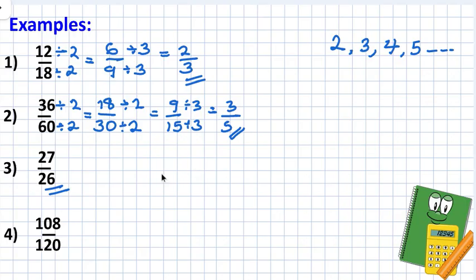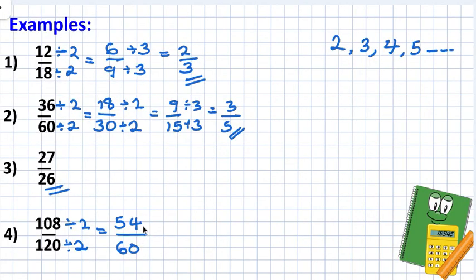Very easy. Like I said, to simplify, if you don't know the number you can use, start by testing with 2. So we start with 2. You divide here with 2 and divide here with 2. So 108 divided by 2 will give us 54, and 120 divided by 2 will give us 60.